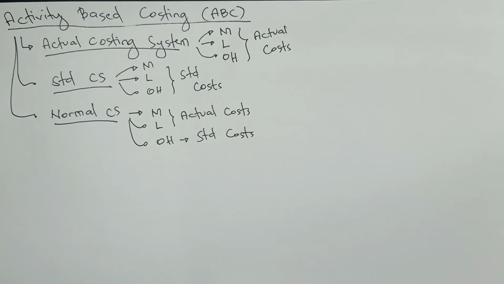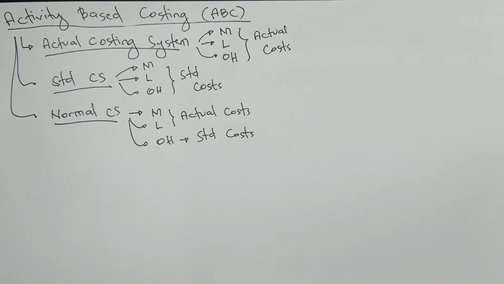So kapag kinuha mo or kinalap mo lahat ng material requisition forms, malalaman natin kung ilang materials ba ang pinasok natin into the production, and then malalaman din natin kung magkano ba yung cost ng mga materials na yan. So it is easy for us to know how much will be the actual cost of materials.